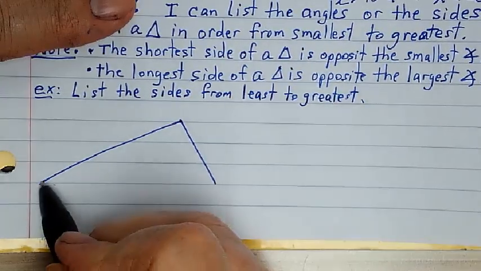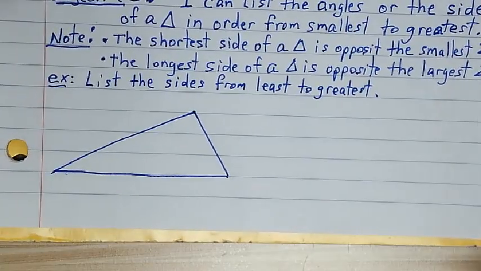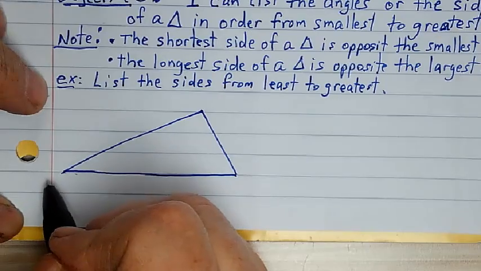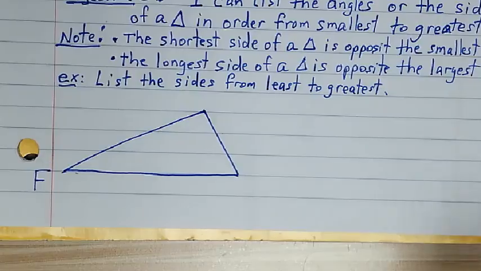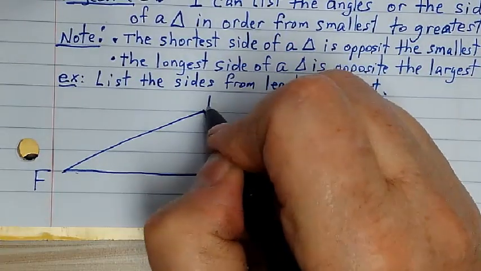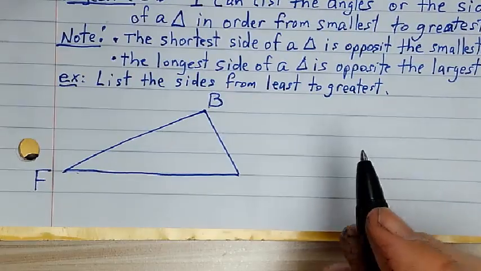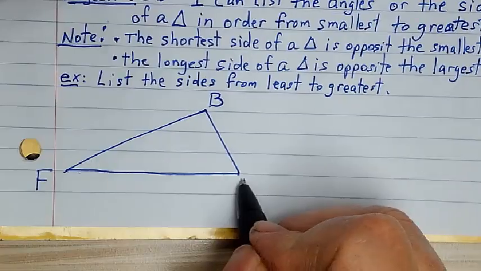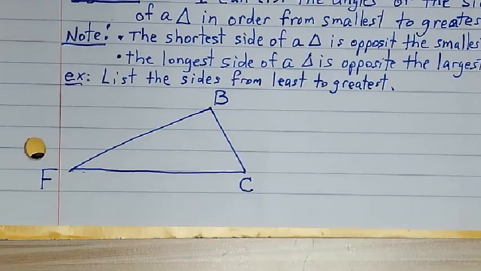So there's a triangle. Suppose I call on someone, give me a letter. L. B. F. B. A. C. Now, if I said list the sides of a triangle from least to greatest, what they're going to do is give you an angle.